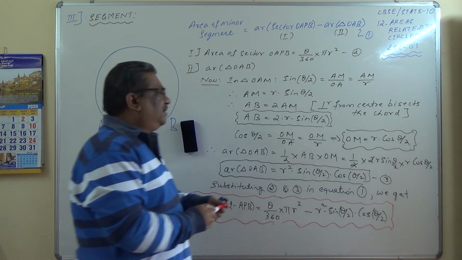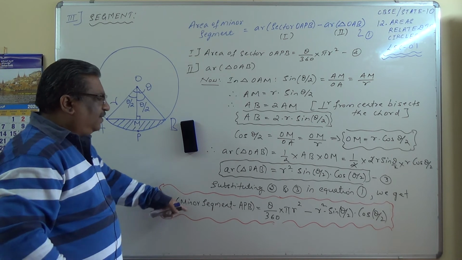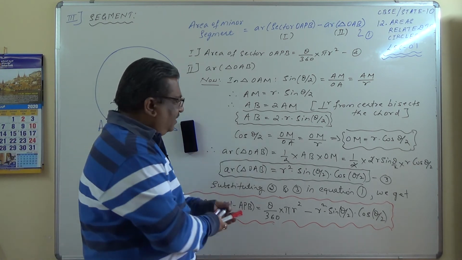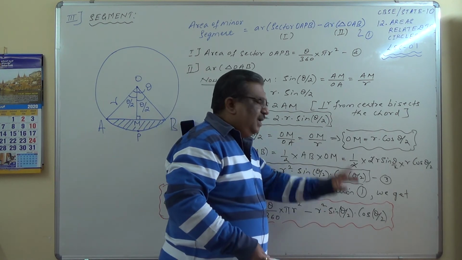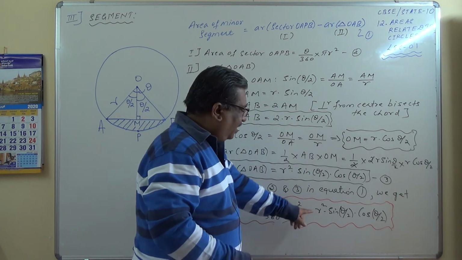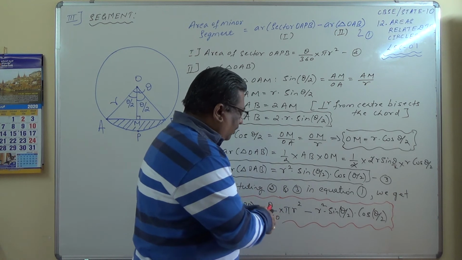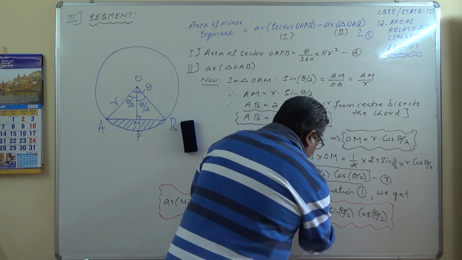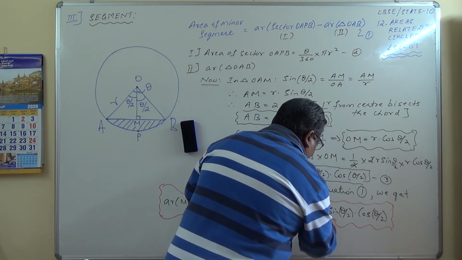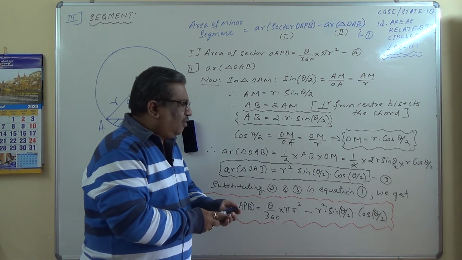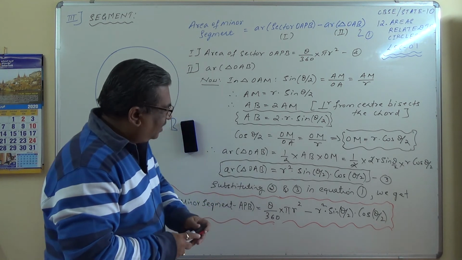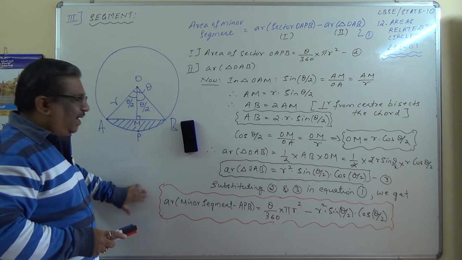You have to remember it. It is a simple formula: the area of the sector minus the area of the triangle. The area of the sector is theta by 360 into pi r square, and the area of the triangle is r square sin theta by 2 into cos theta by 2. I hope you are able to understand how to calculate the area of the minor segment.